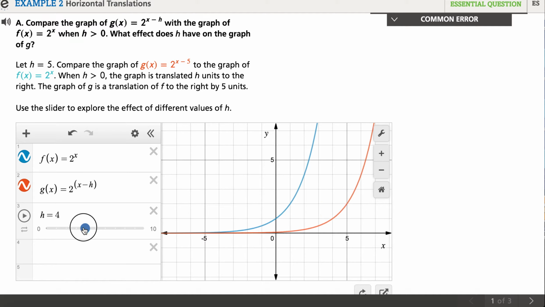The farther I go, to 5, 6, the farther it goes to the right, almost approaching 0, but it never touches. As h becomes smaller, it becomes closer to the parent function, which is the blue one, f of x equals 2 to the power of x. Now you see how it moves.